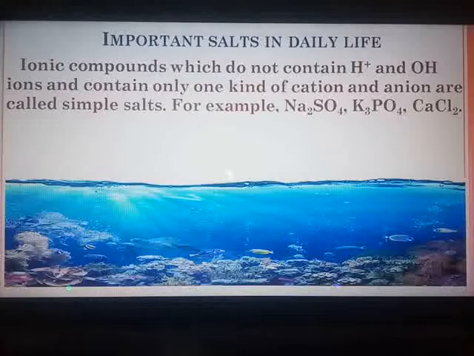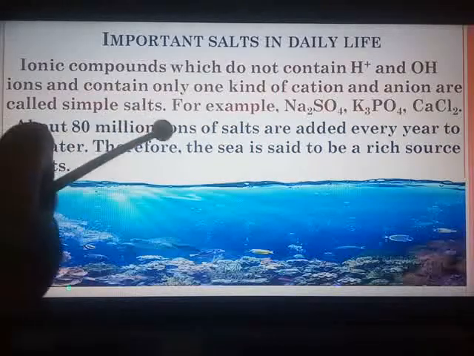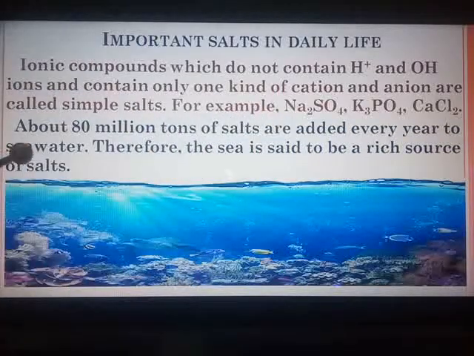About 80 million tons of salts are added every year to the seawater, and hence the sea is said to be a rich source of salts, and when you taste the seawater, it is salty to taste.